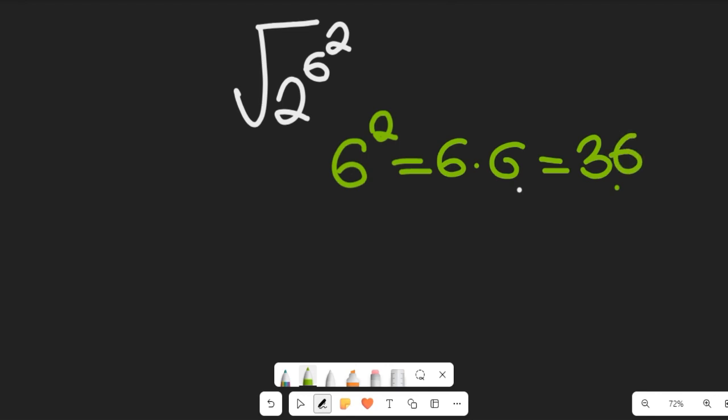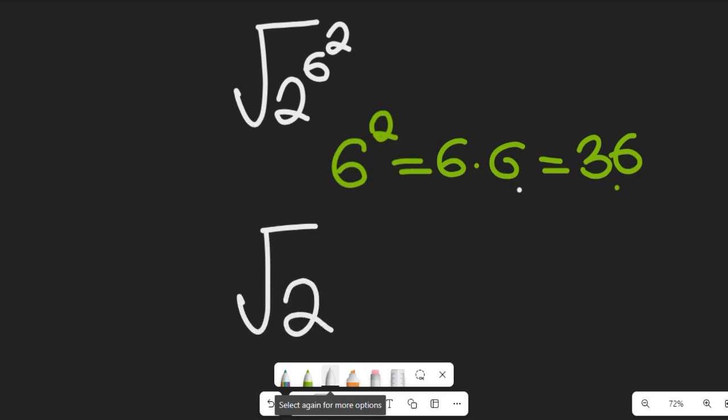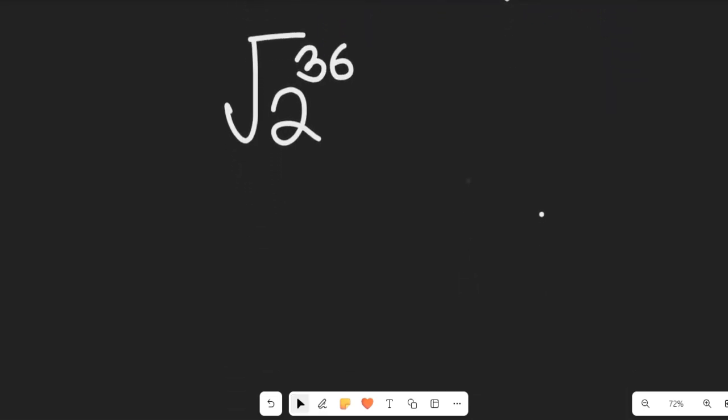So I'm going to have that give me 36. With that, the square root will become 2 to the power of 36. So you see, gradually we are breaking that square root down to a lower value. We are evaluating it to a lower value.